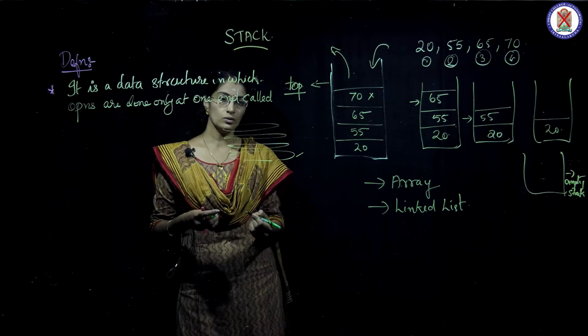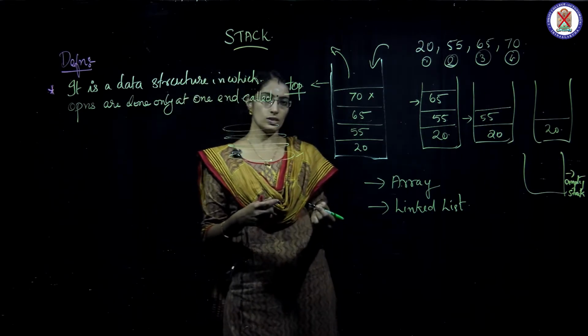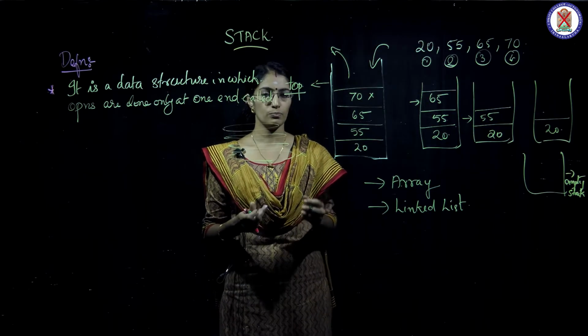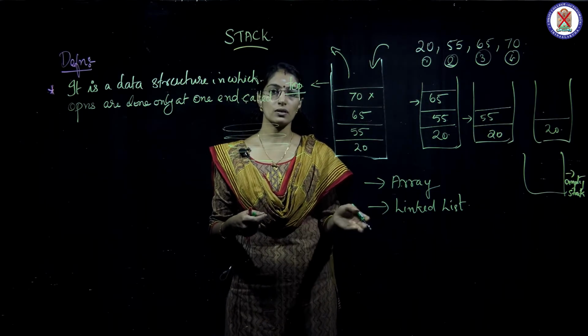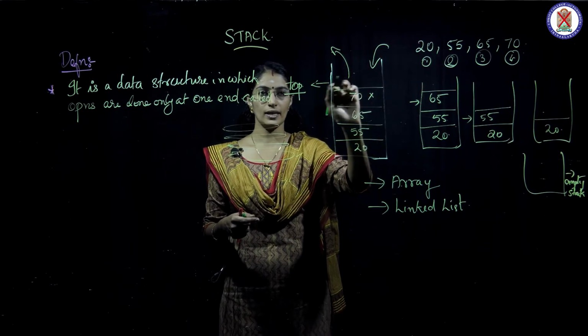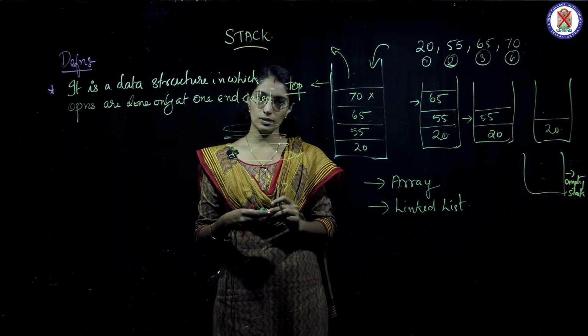In the stack data structure, you do operations mainly push and pop. Push is called insertion, pop is called deletion, and it is done with the help of one end, and that end is known as the top of the stack.